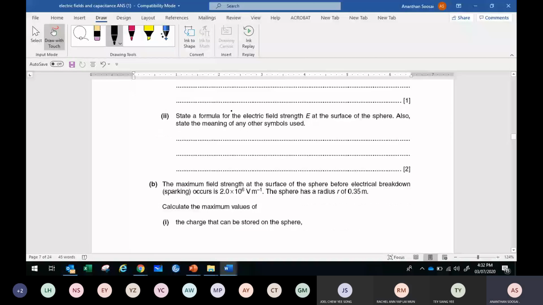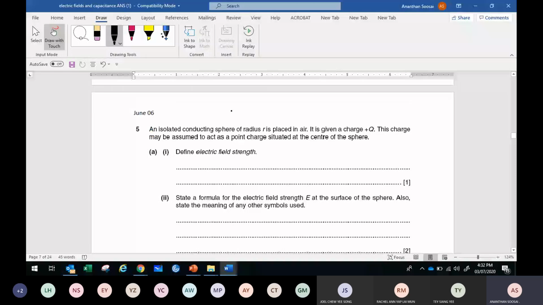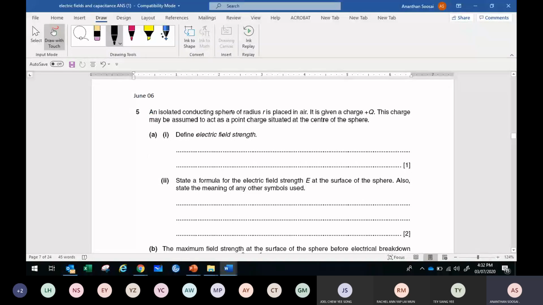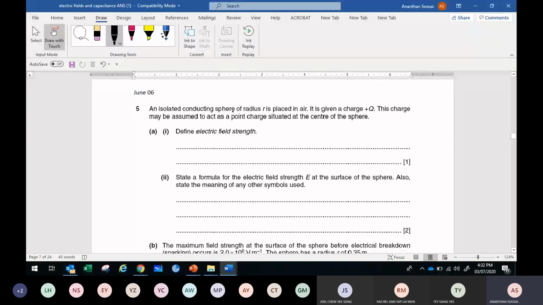Question June 6, question 5. Everyone give a try. Okay, A1, I think not a big problem.